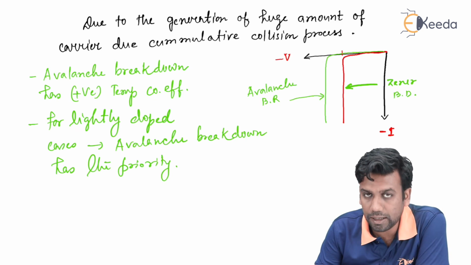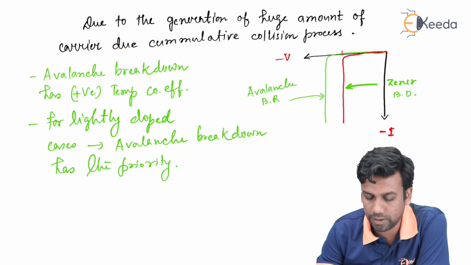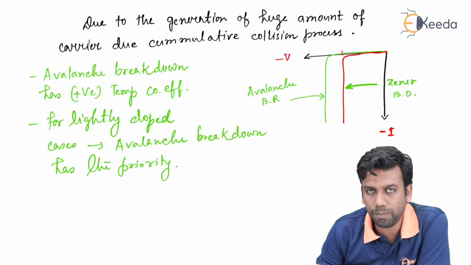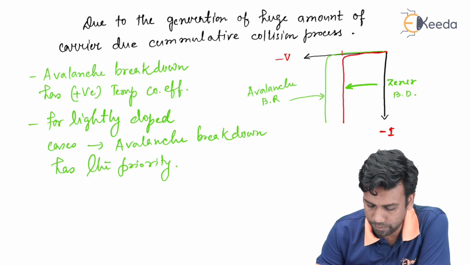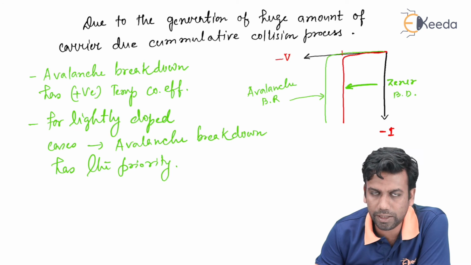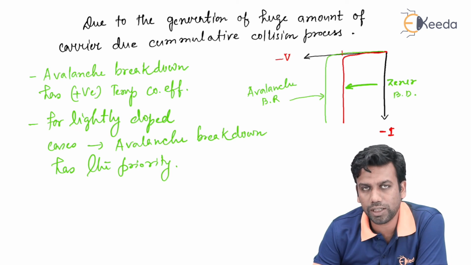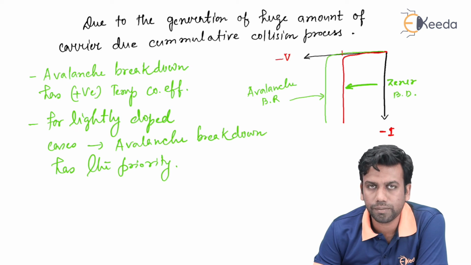So these are the avalanche breakdown and the Zener breakdown processes that will take place during the breakdown operation of a Zener diode. And generally in diodes or Zener diodes, first the Zener breakdown occurs, then the avalanche breakdown occurs. So this is all about the Zener diode operation. Thank you.